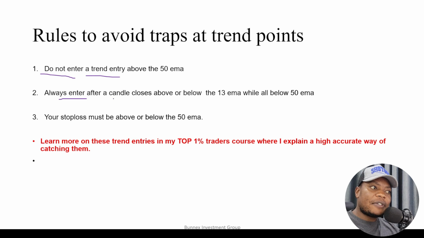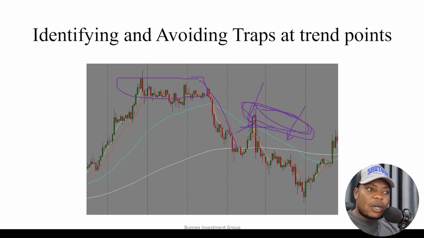Always enter after a candle closes above or below the 13 EMA, while above or below the 50 EMA. We are saying in this particular case, you need to actually wait for the market to come below the 50, this particular side of the 50 EMA, and you can see this, there was a spike candle.